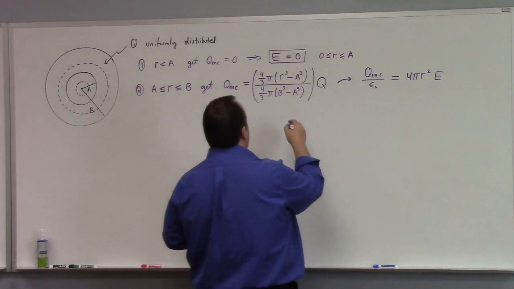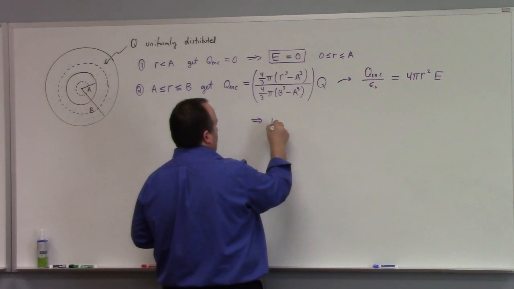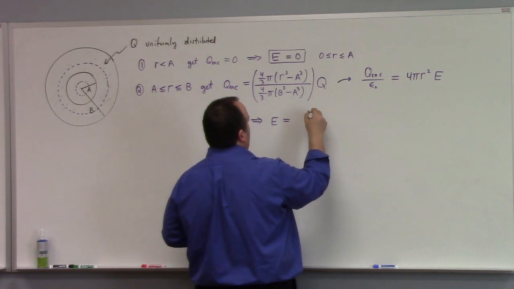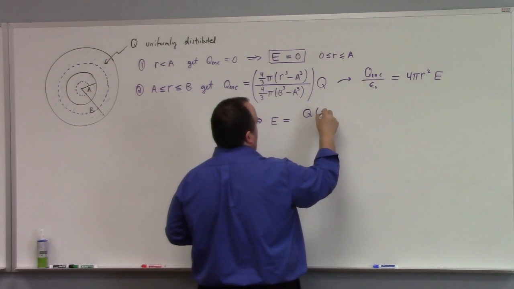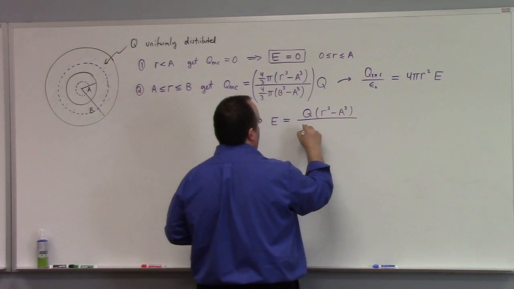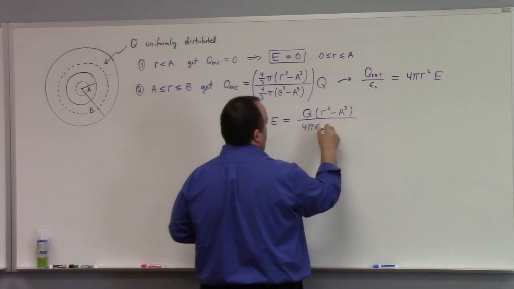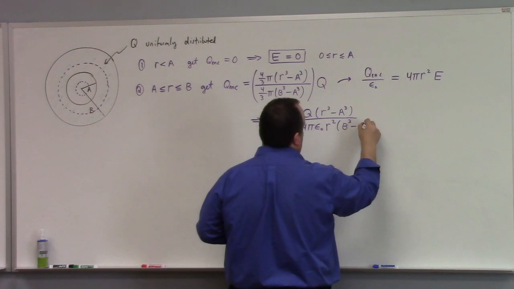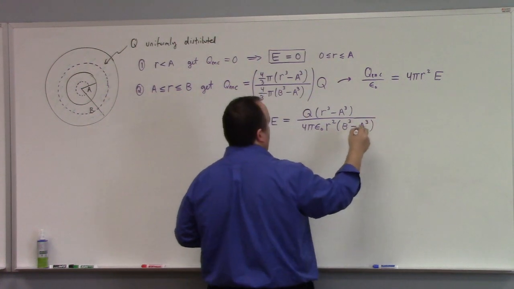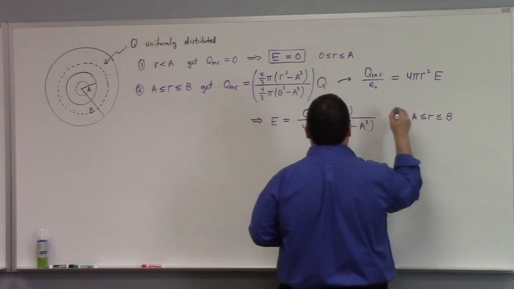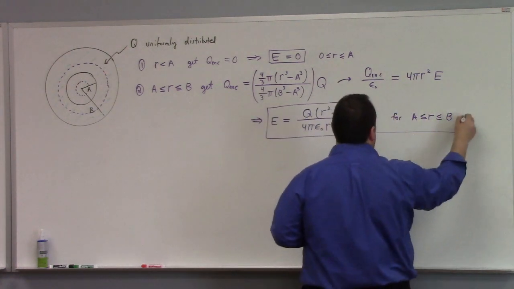And so lo and behold, we get the formula that the electric field is equal to Q times R cubed minus A cubed divided by 4 pi epsilon naught R squared times B cubed minus A cubed. All right, great. And that's for A less than or equal to R less than or equal to B. Great. That's my electric field in that case.